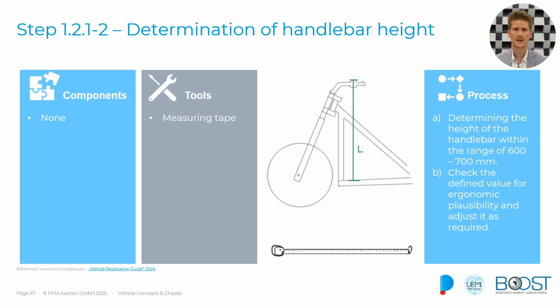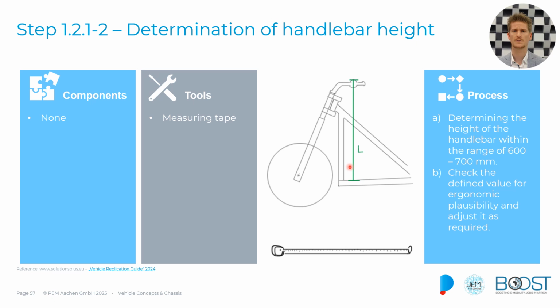After you've done that, we're going on to the determination of the handlebar height. Well, the handlebar height is something that has to do with ergonomics. As we can see, we need a certain height above the base frame. Imagine there's a person sitting. How upright is the person sitting, and where shall the person position their arms?